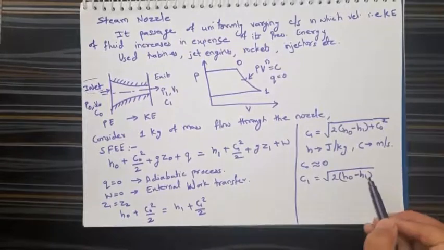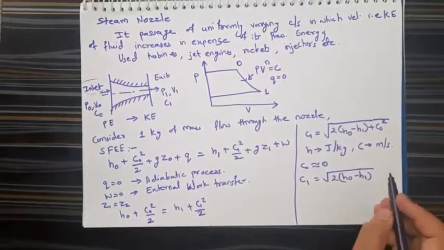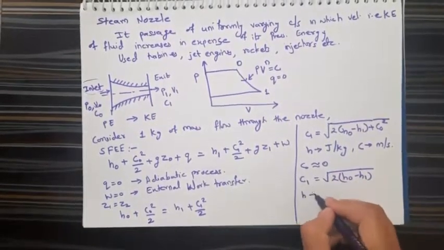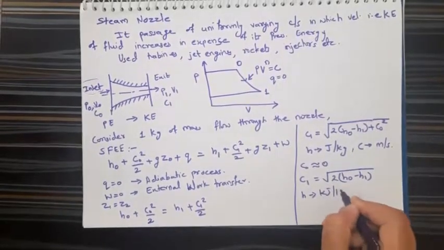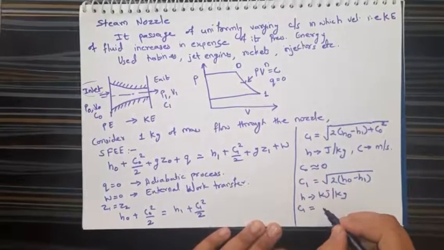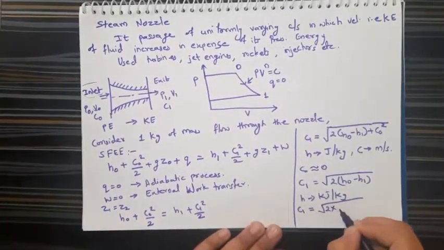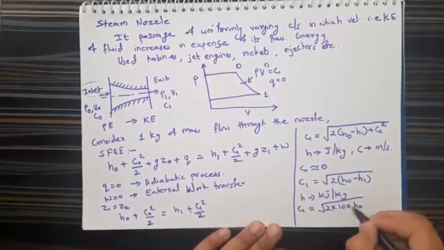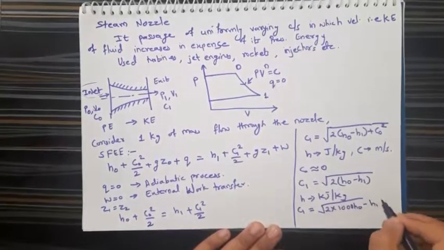As this enthalpy we are taking from the steam table, it is given in kilojoule per kg. So we can write it as C1 equal to under root of 2 into 1000 into H0 minus H1.